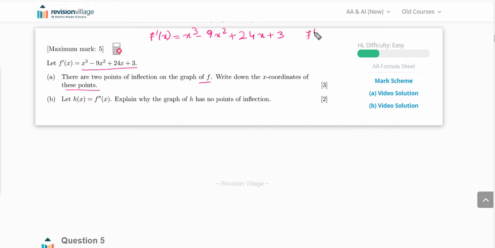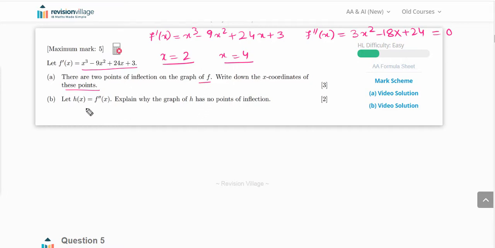So f double dash of x will be the derivative of this function, that would be 3x squared minus 18x plus 24. I'll put this equal to 0, and I'll insert this into the calculator, and I'll get the two values of x. So x will be equal to 2 and x is equal to 4. So these are the two x coordinates at which we'll have the 2 points of inflection.